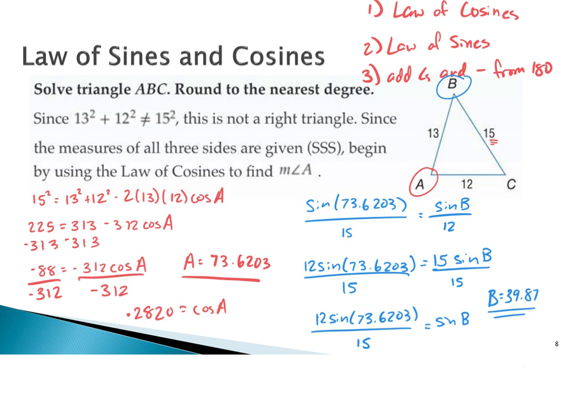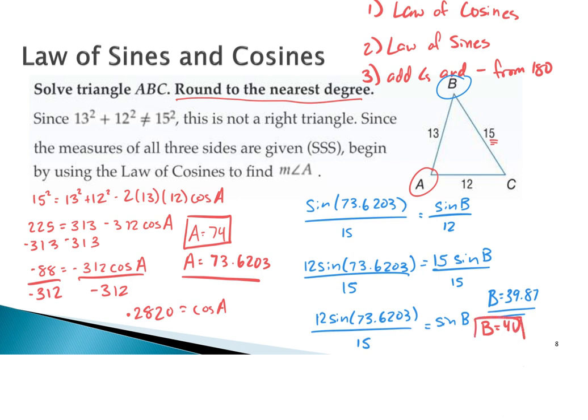Now, that being said, we're going to do the last step. We're going to add them together and then subtract from 180. Now, before I do that step, it says right here I'm going to round to the nearest degree. So I'm going to do that first, actually, just to make my numbers nice and easy. So A is going to be equal to 74. And over here, B is going to be equal to 40.